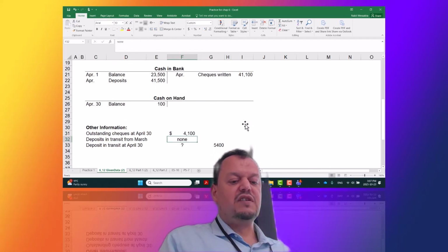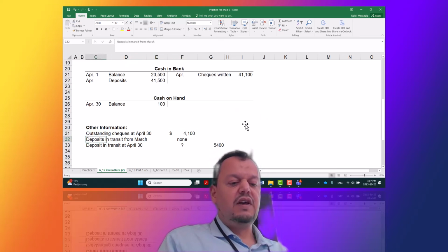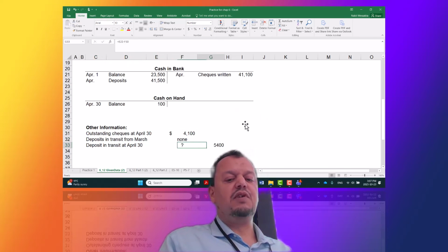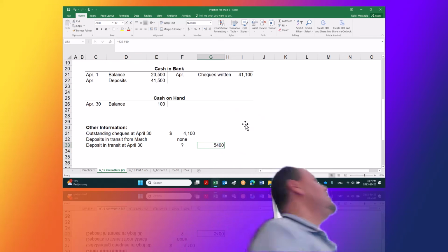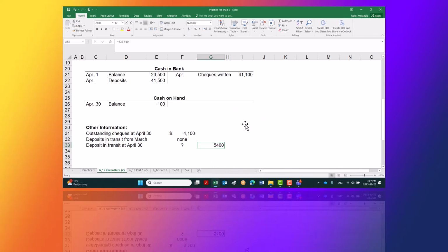There's no deposit in transit from March, and deposit in transit at April 30 is $5,400. What does it mean, deposit in transit? It's a check for which we haven't received the money.